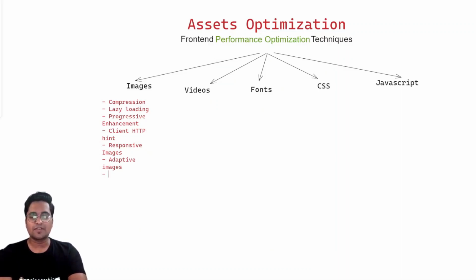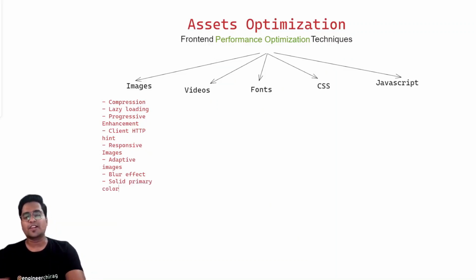We will be talking about the blur effect and how you can leverage it; it is a technique for better performance. We will also talk about the solid primary color technique related to images. These are some of the things we are going to cover related to images, and there will be a lot more not listed here, so keep watching.